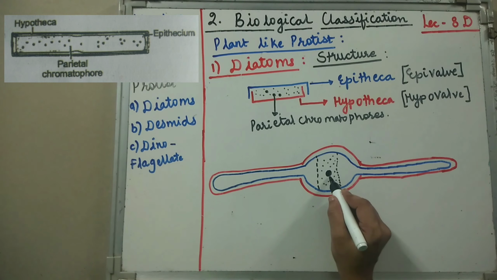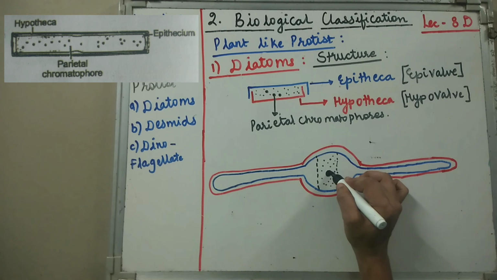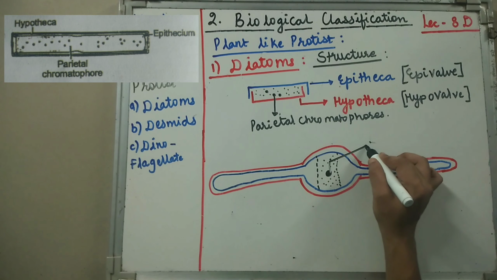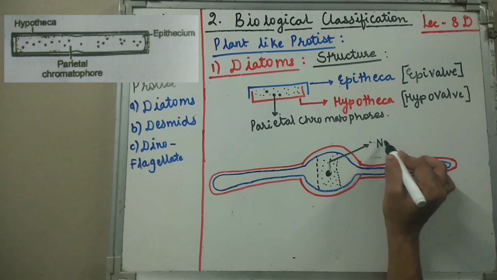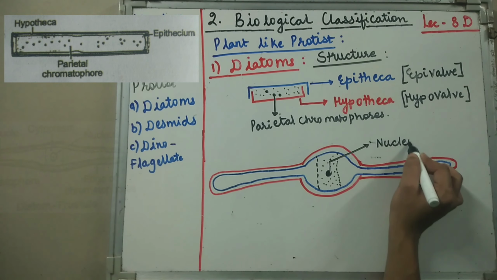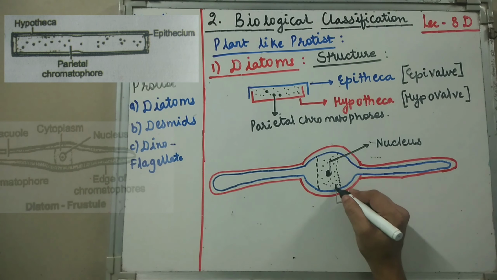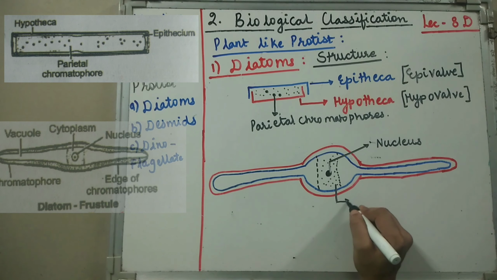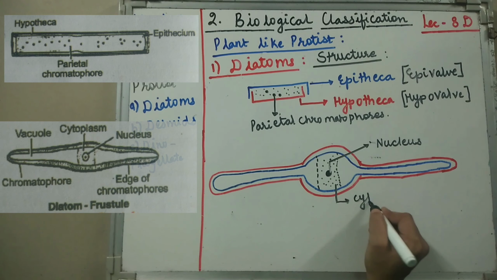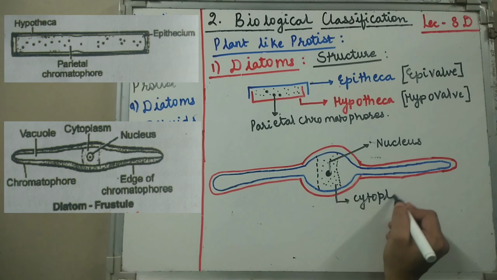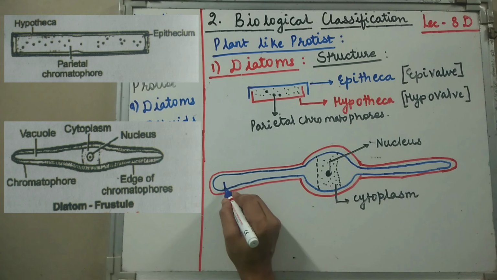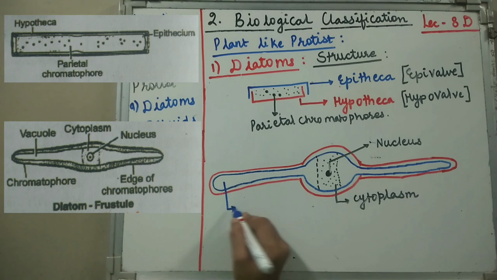So now let's label this out. This becomes the nucleus, this becomes cytoplasm, there is an empty structure over here, what is called as vacuole.